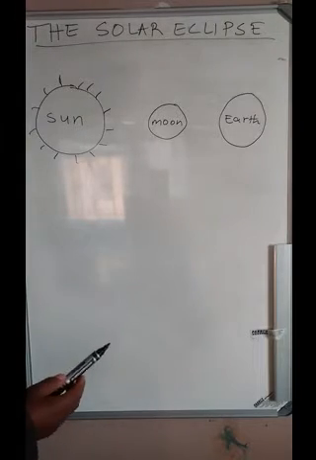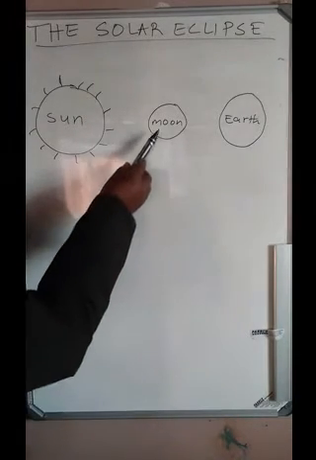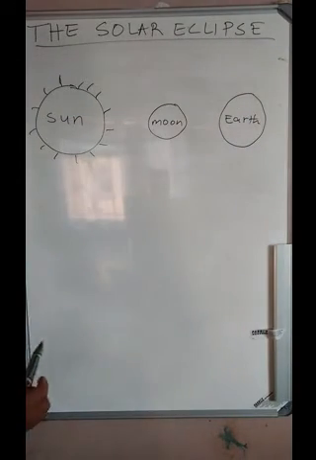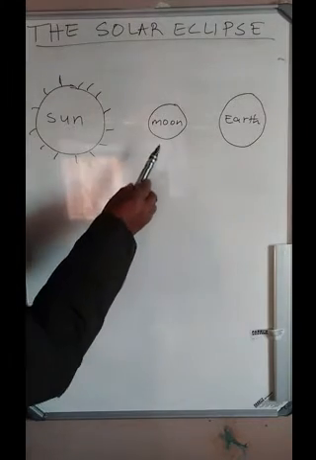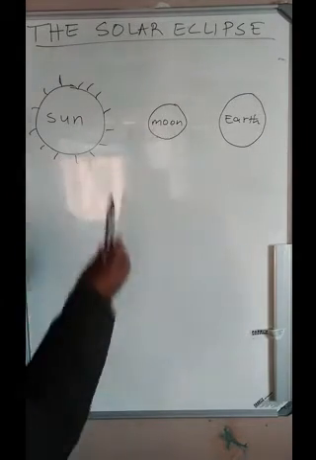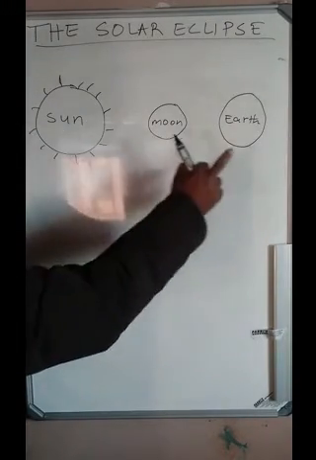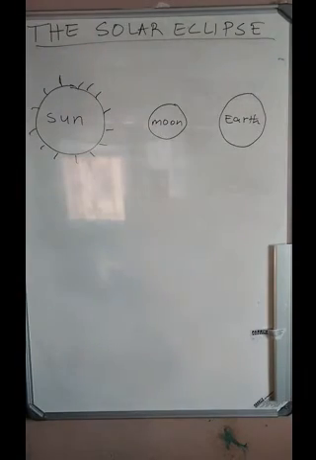So at some point in time, while the moon is revolving around the earth, it finds itself in this position where it is between the sun and the earth.